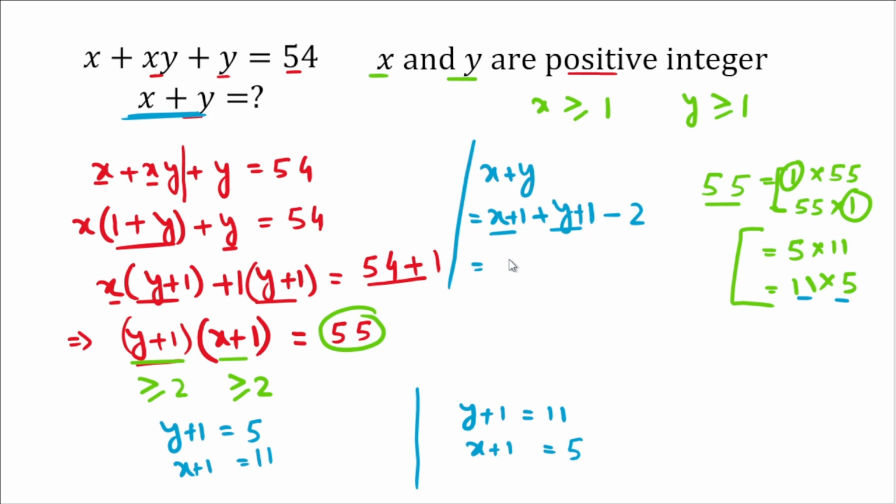So we can take 5 plus 11 or 11 plus 5, the value will be the same, minus 2. So 5 and 11 is 16, and 16 minus 2 is 14. So we got the answer of this expression, that is 14. So 14 is the answer.